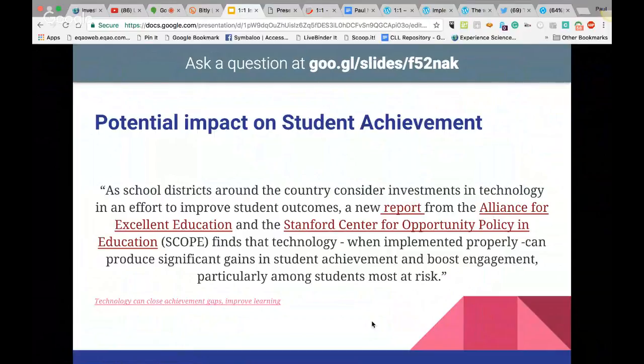In their study, they said that there were definitely some benefits to having a one-to-one program. From my point of view, I didn't need to see the study to know this. For me, there were obvious benefits from having this kind of program. I saw these benefits daily when I went into the classroom.